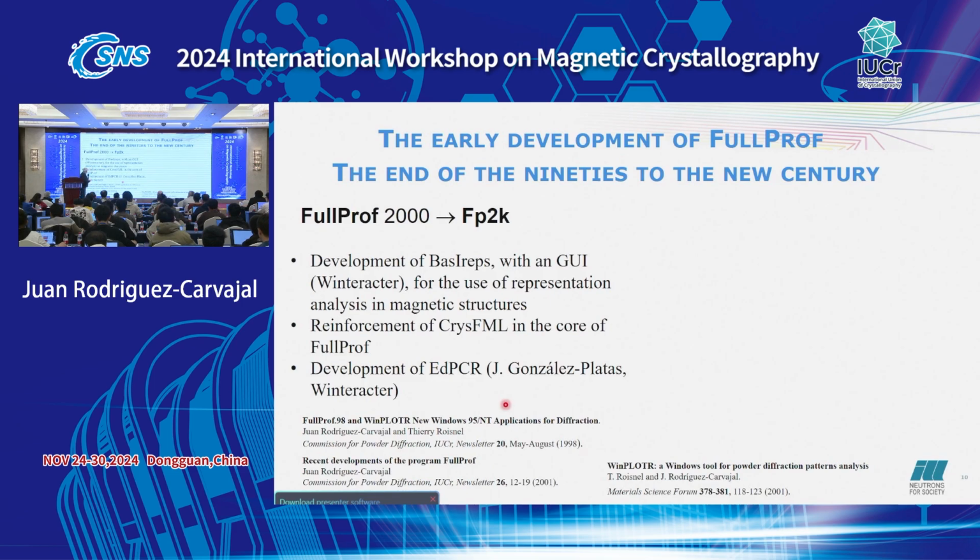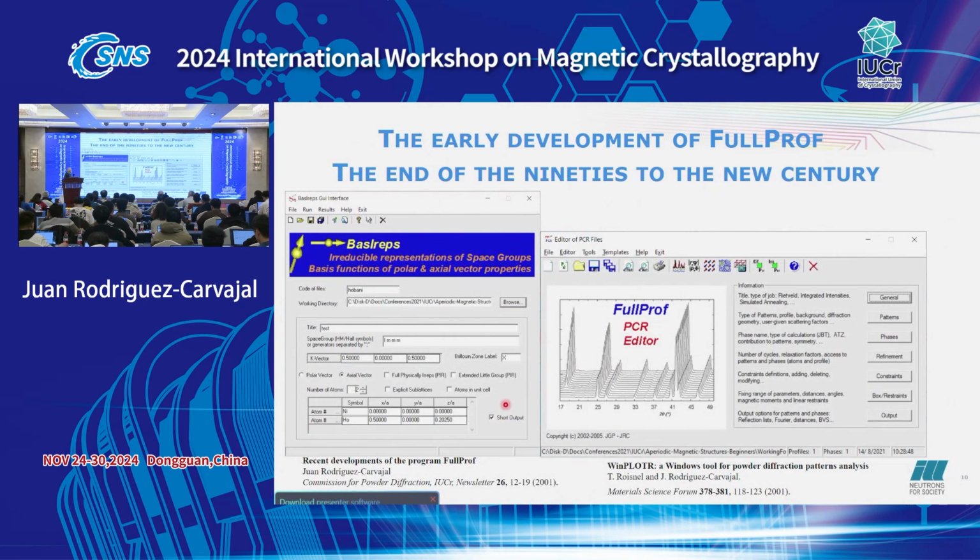I was also developing a library called CrysFML for putting the procedures that can be used by other programs, and FullProf was then based mostly on CrysFML. At that moment we also developed BasIreps in order to do some kind of symmetry analysis of the phase transitions and produce magnetic models to be tested, etc.